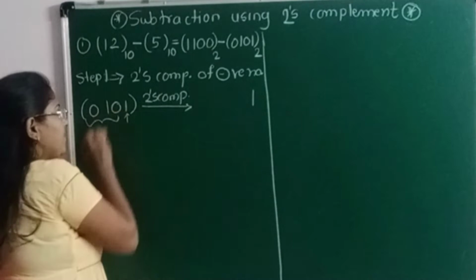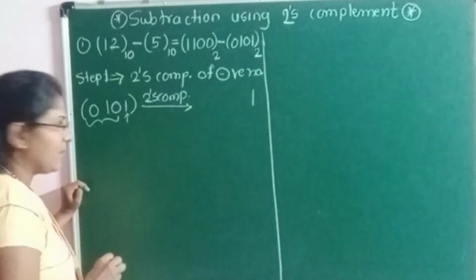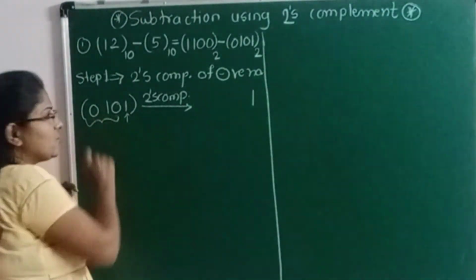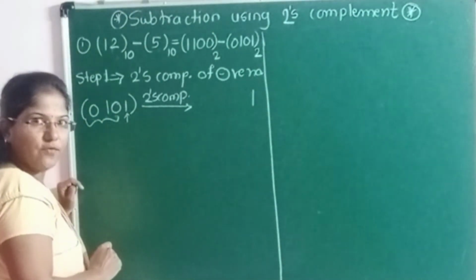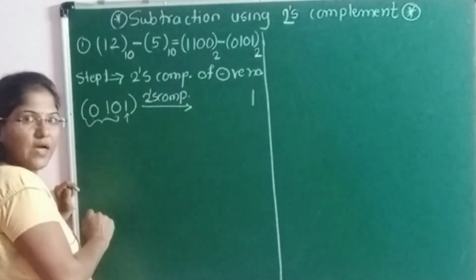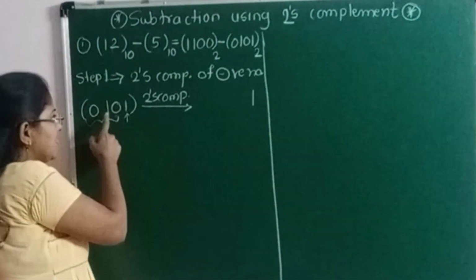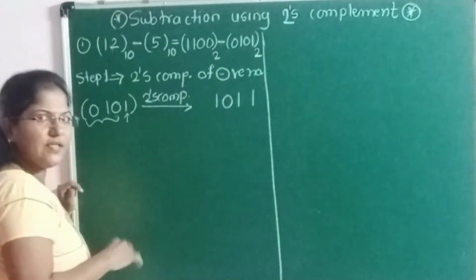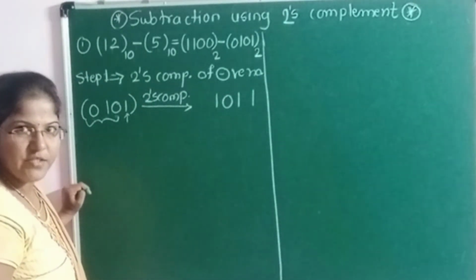Now what are the left bits in the given binary? 0, 1, 0. So we have to take the 1's complement of the left part of the number. This number is 0, 1, 0, so its 1's complement is 1, 0, 1. How to get the 1's complement? Simply by replacing 0 by 1 and 1 by 0.